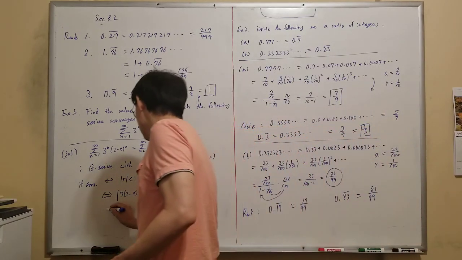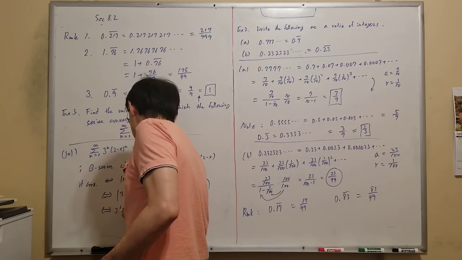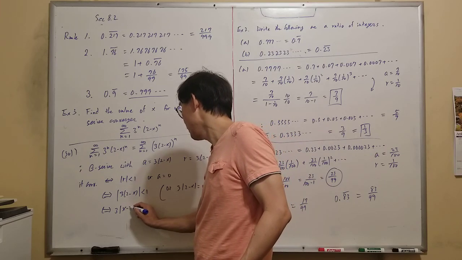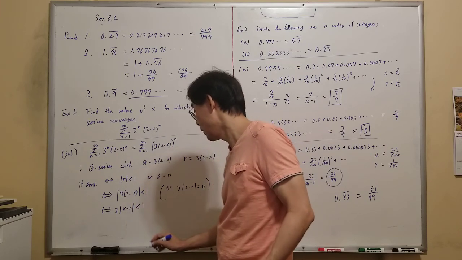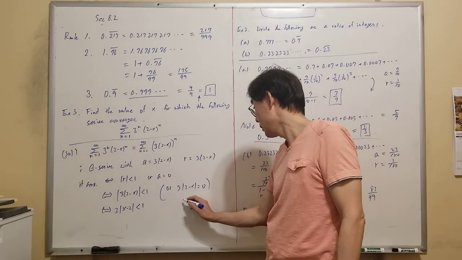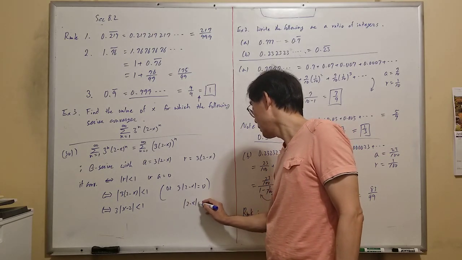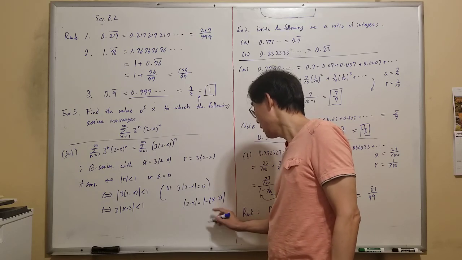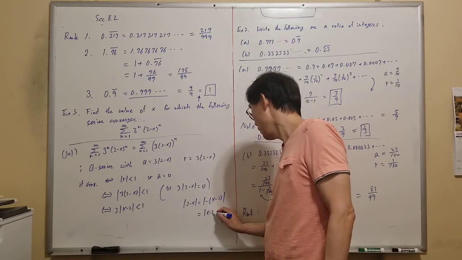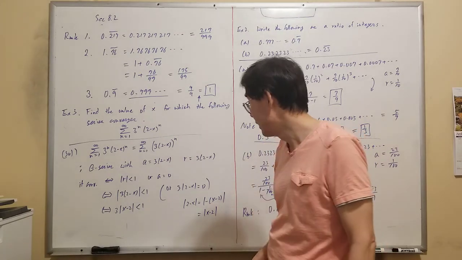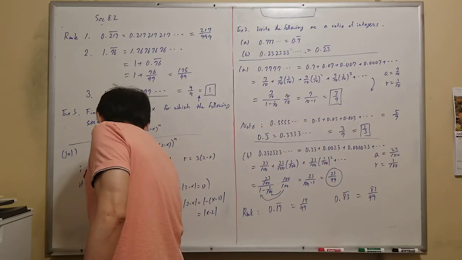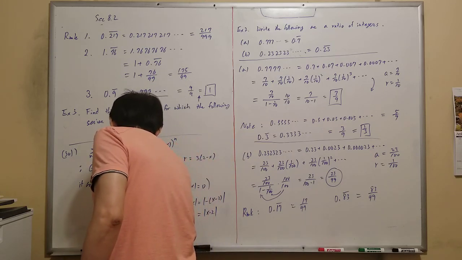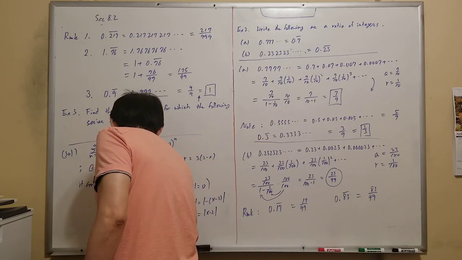And this one, you can rewrite it. 3 can be taken out of the absolute value, and the absolute value of 2 minus x is the same as the absolute value of x minus 2. Right? The absolute value of 2 minus x is the absolute value of the negative of x minus 2. The absolute value of a negative something is the same as the absolute value of that thing. Right? So, what do you get? The absolute value of x minus 2 is less than 1/3.